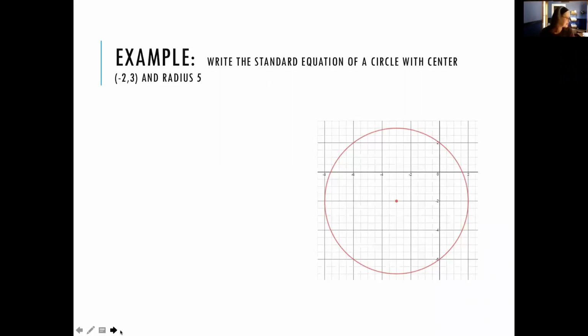So, as an example, let us write the equation of the circle that is centered at the point (-2, 3) and has radius equal to 5.